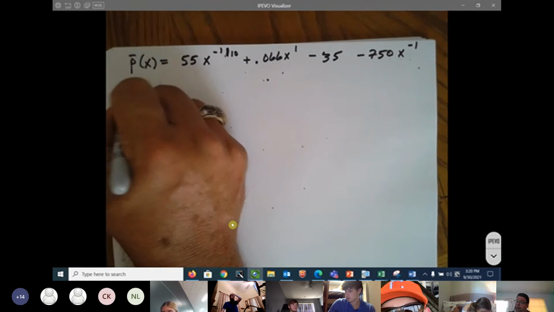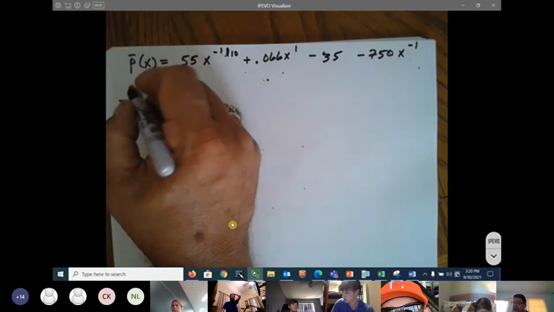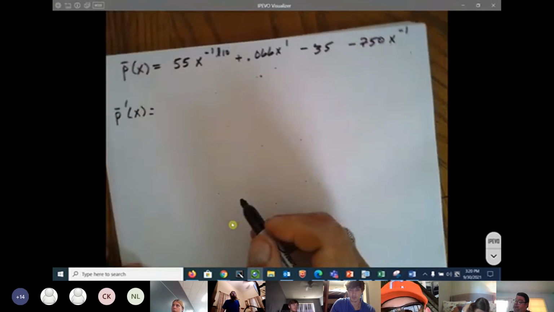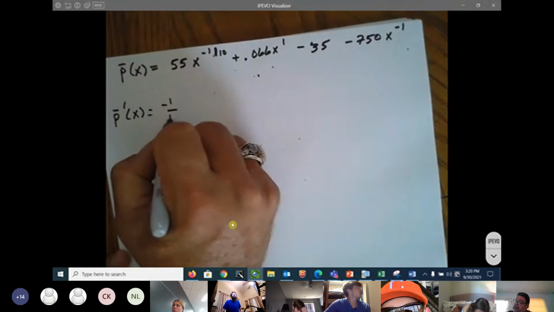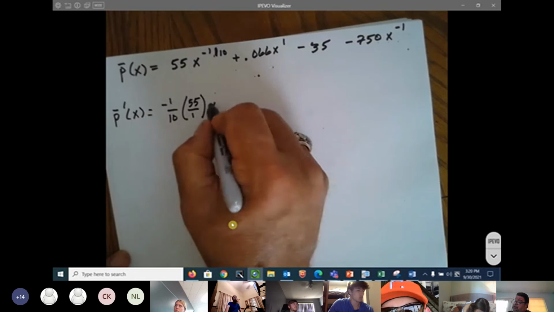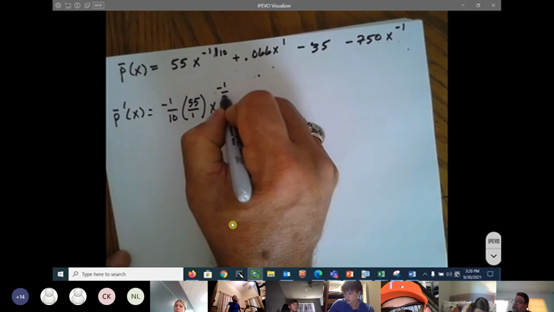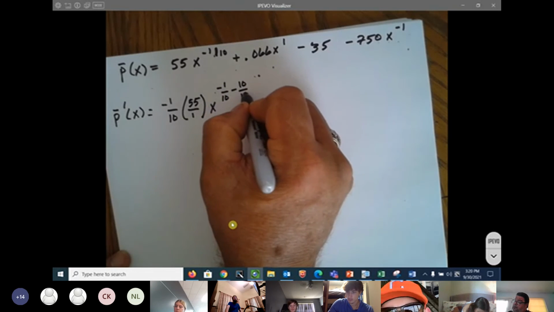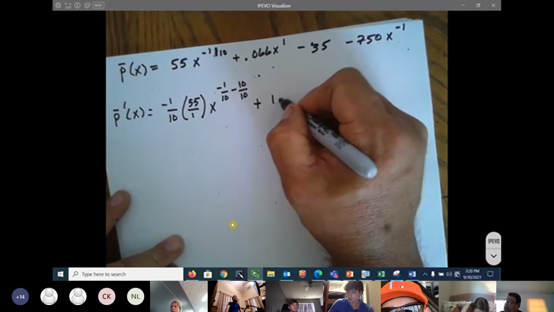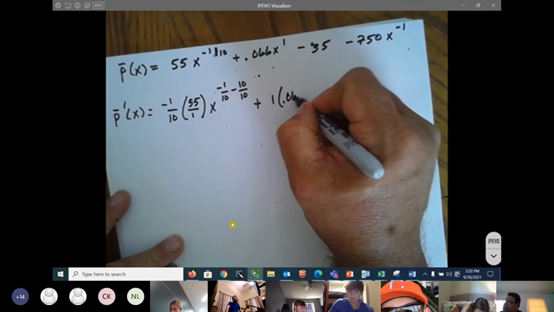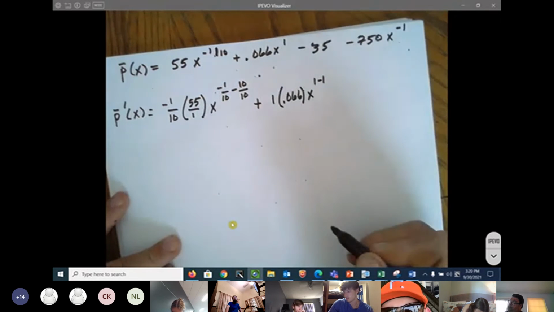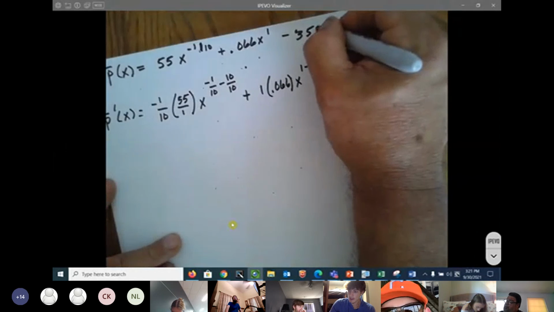P hat, or the average profit derivative, is equal to negative 1/10 times 55 over 1 X to the negative 1/10 minus 10/10, plus 1 times 0.066 X, 1 minus 1. This is X to the 0.